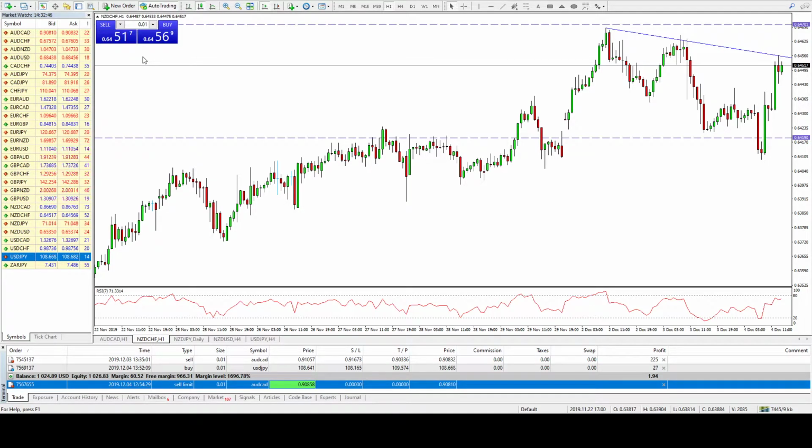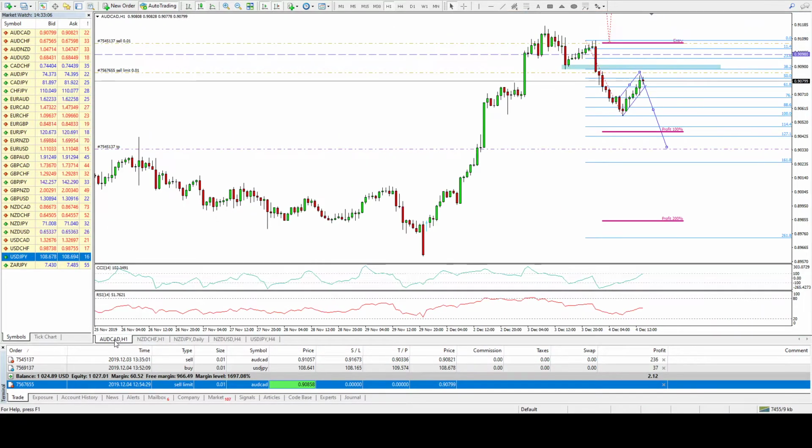I don't think I want to deal with the 5 pip spread. So I'm gonna stay away from this. It's not a perfect scenario for me. Well, I'll find something else. If not, tomorrow is another day.